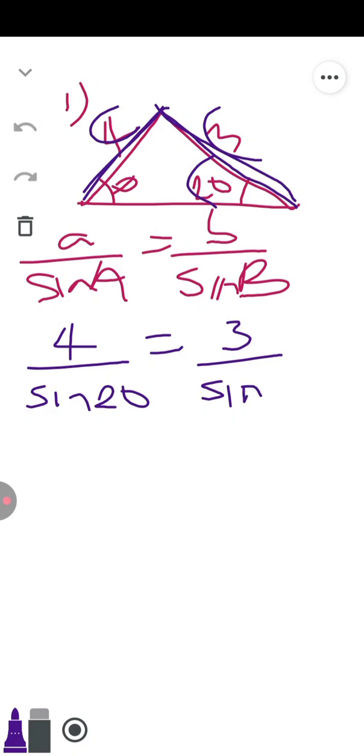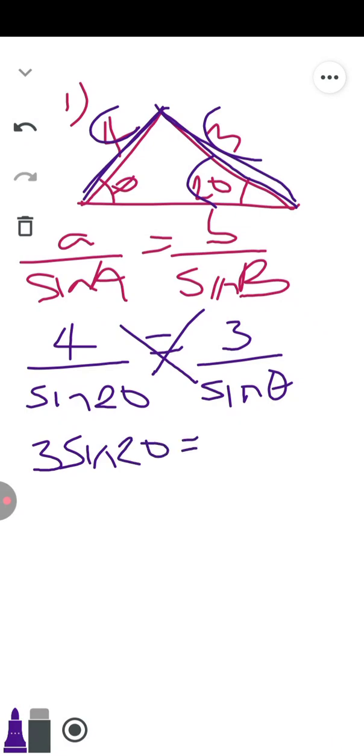Okay. 3 over sine theta. Are we getting that? Good. So what do you do from here? You cross multiply. Okay. That's 3 sine 20 is equal to 4 sine theta. Sorry, let me write theta first.